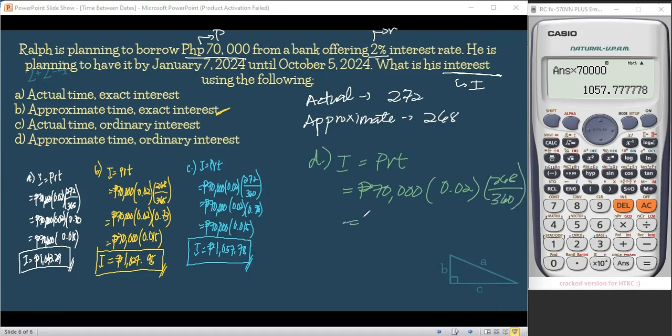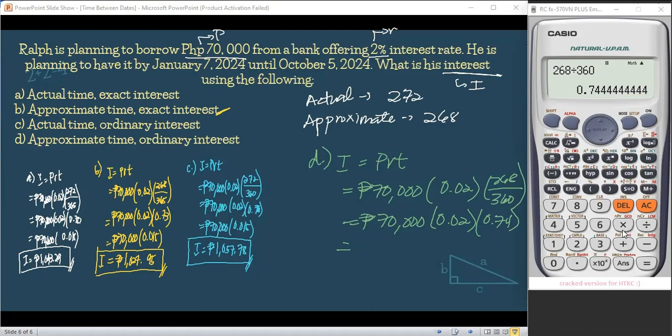So, multiply po again natin from right to left. So we have 268 divided by 360. That is 0.74.